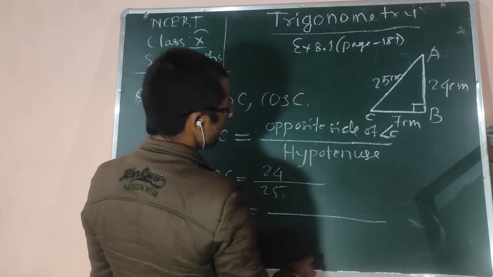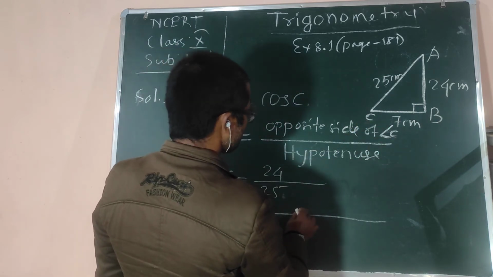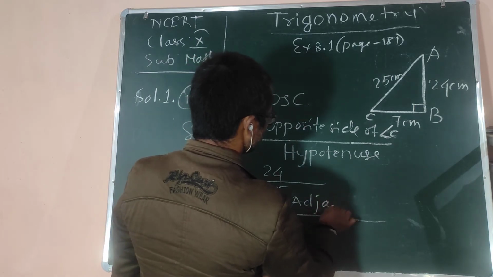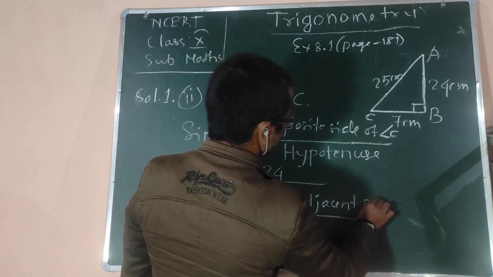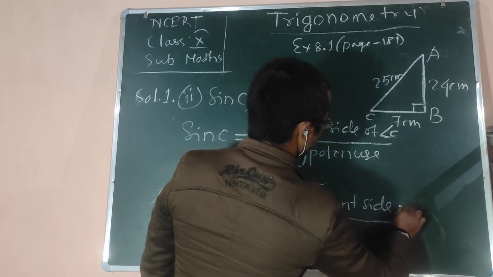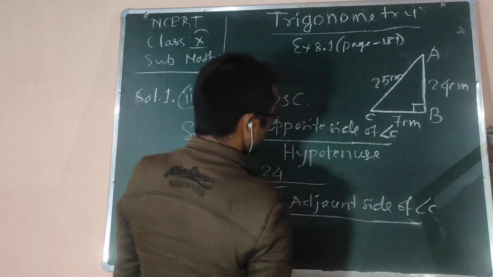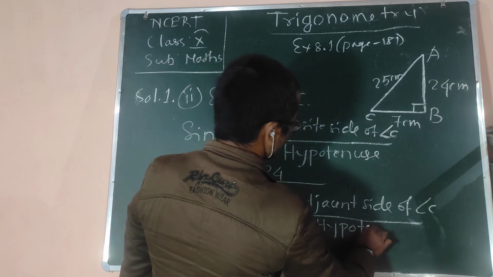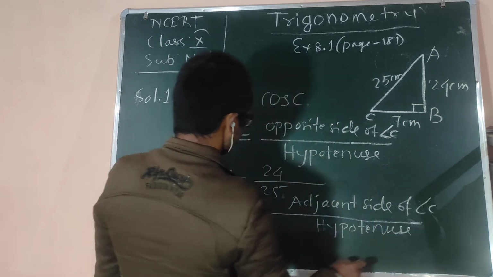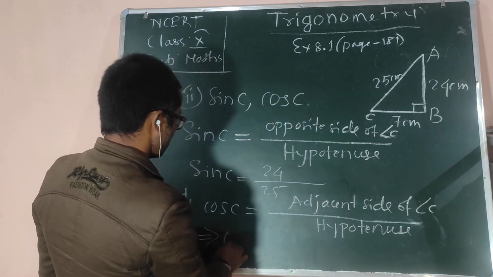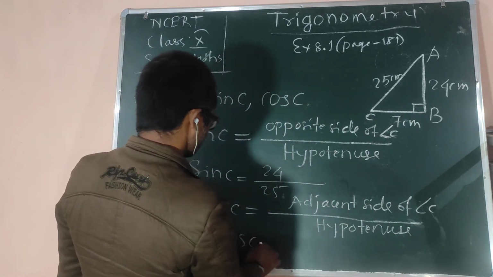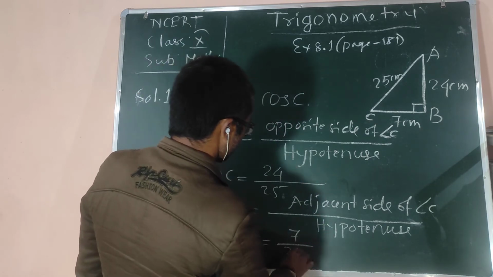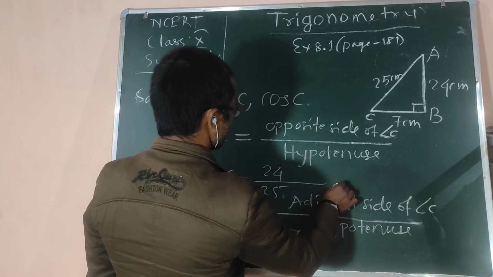That is BC, the adjacent side of angle C by hypotenuse. So cos C is equal to 7 by 25, the adjacent side is 7 and the hypotenuse is 25. So this is the answer.